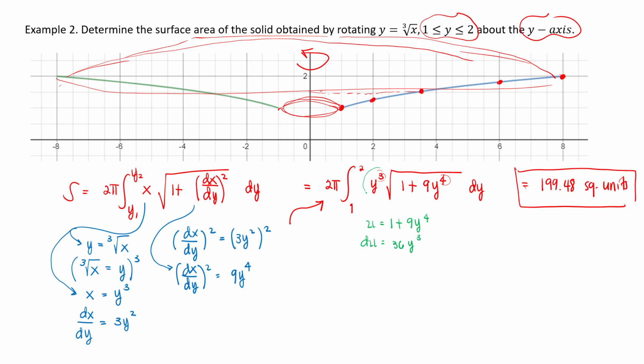Notice that this is y cubed dy. Then du over 36 equals y cubed dy.